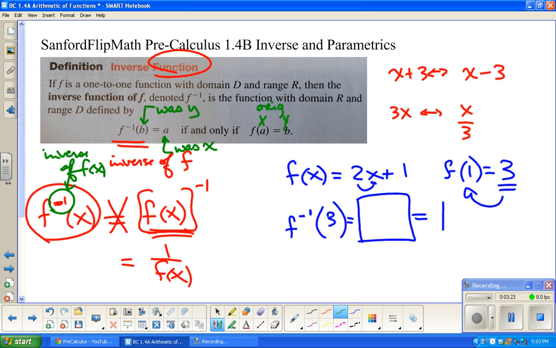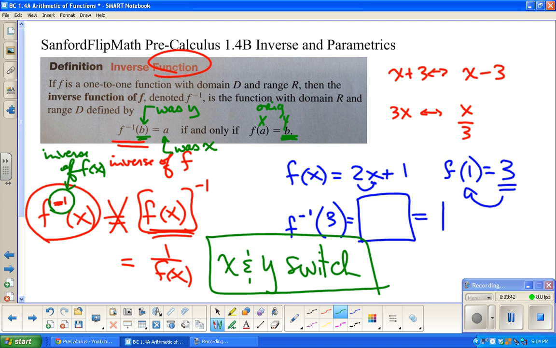The idea is that what used to be the y values were originally the y values of the original function. Here's the short version: x and y switch. That is the heart of the issue.